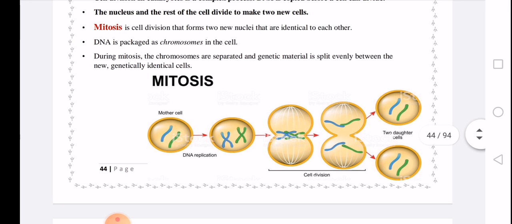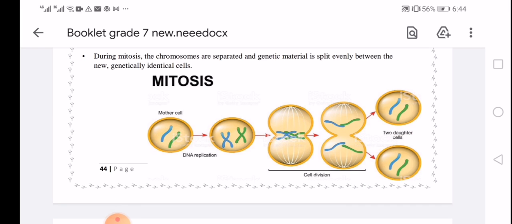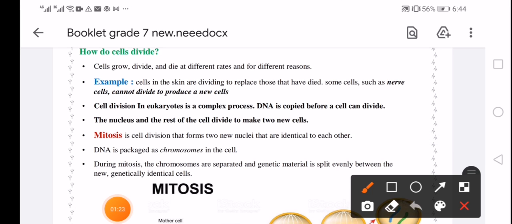Look here, this is DNA first copied before the cell divides. The nucleus and the rest of the cell divide to make two new cells.